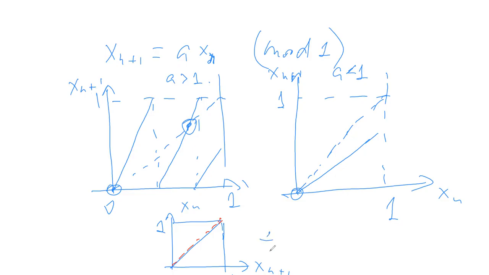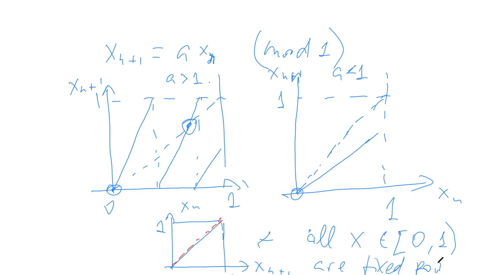Here you have infinitely many. So all values of x, any x is a fixed point. So all x in this domain are fixed points. Good.